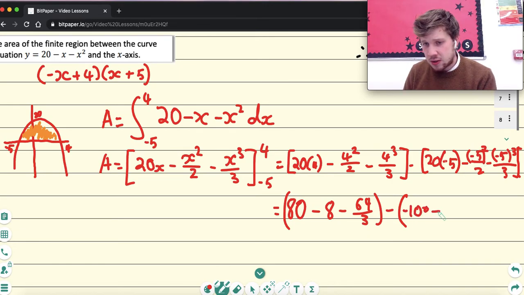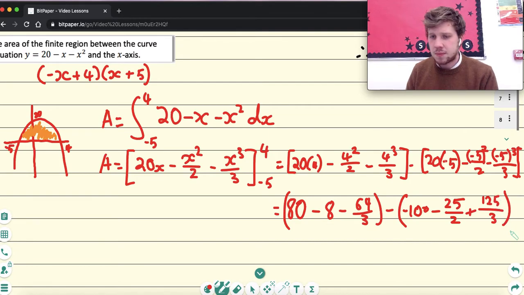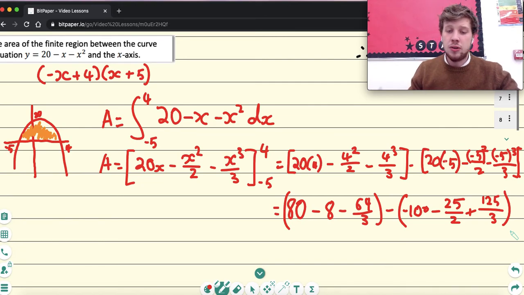This is going to be subtract 25 over 2, and this is going to be plus 125 over 3. So 80 subtract 8 subtract 64 over 3 is going to give me 152 over 3.